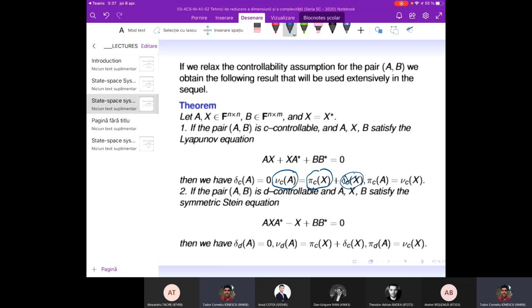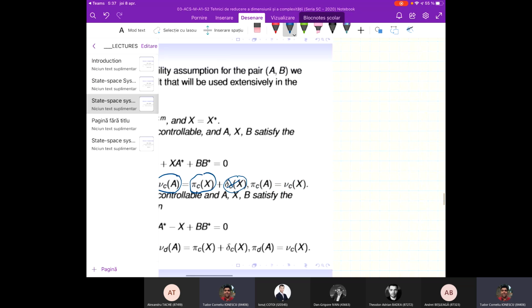So from this we have a consequence that we already know, a corollary we can draw.